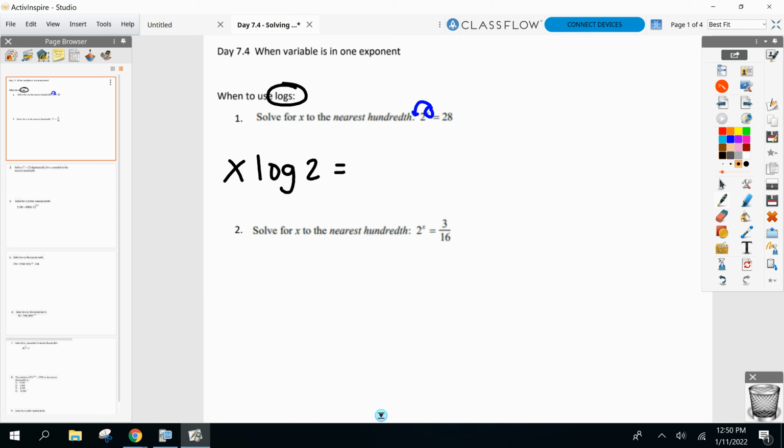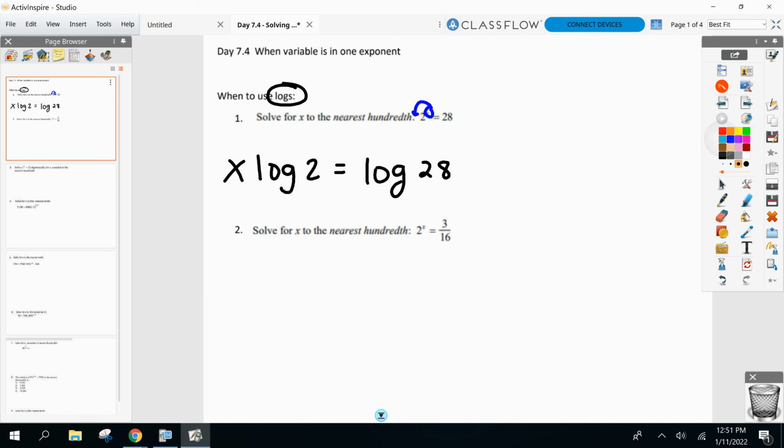Equal to... you guys know, you've been solving equations since middle school. What do I need to do on the right side? Take the log again, because I got to keep it balanced. So if you take the log of the left, I got to take the log of the right. That's if you want to get that exponent down from where it is.